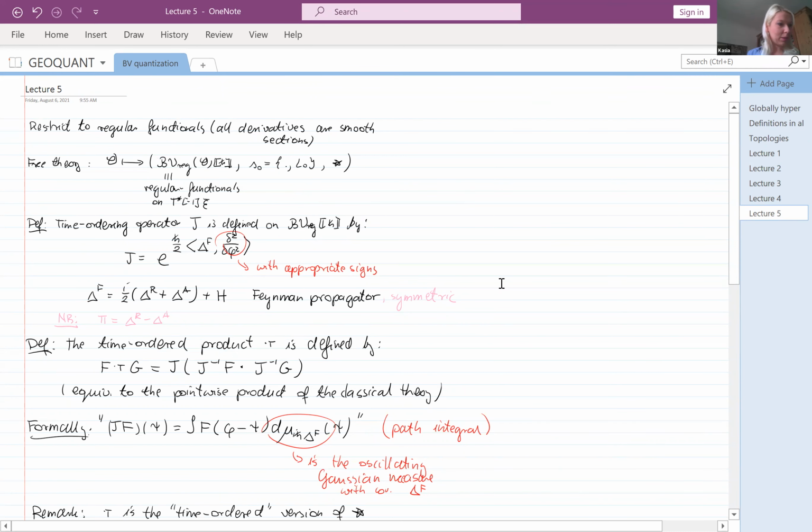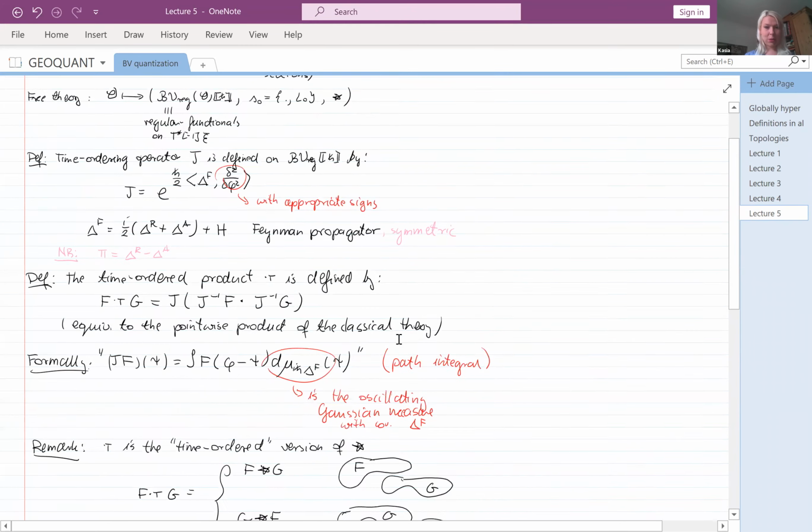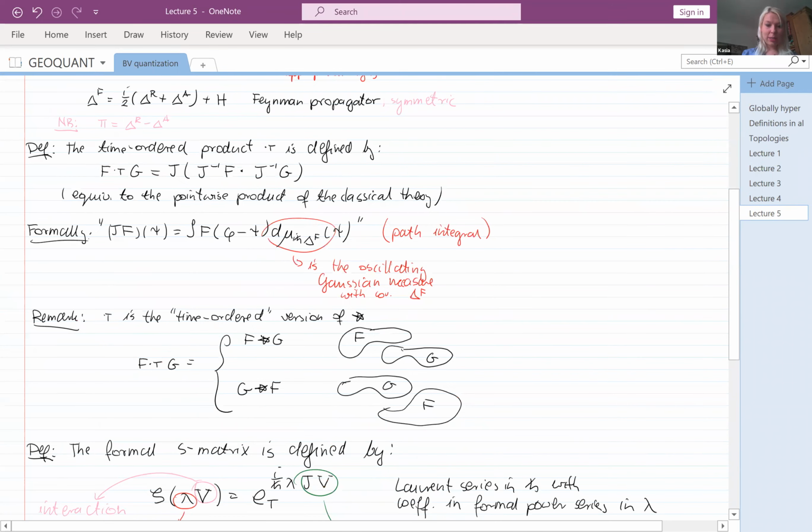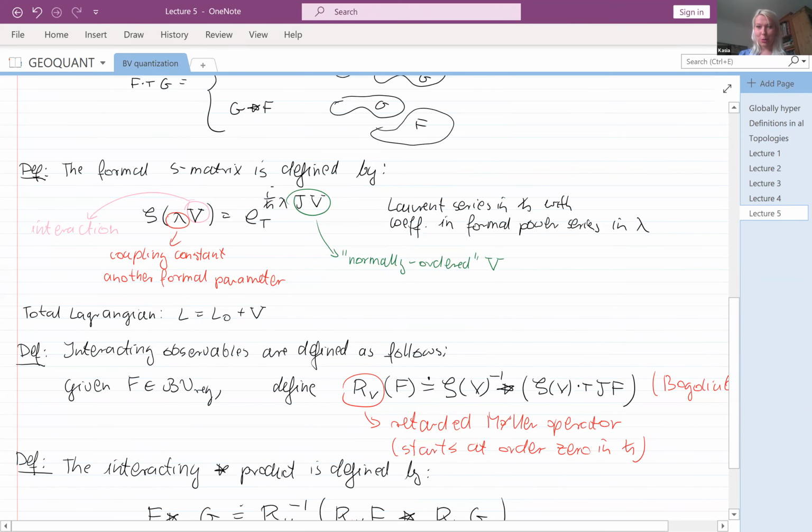So I want to spend the rest of this talk explaining how everything that I introduced here relates to this differential. Okay, I think that's a reasonable point to pause for questions. So are there any questions?